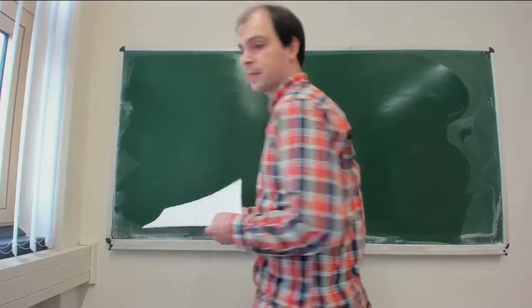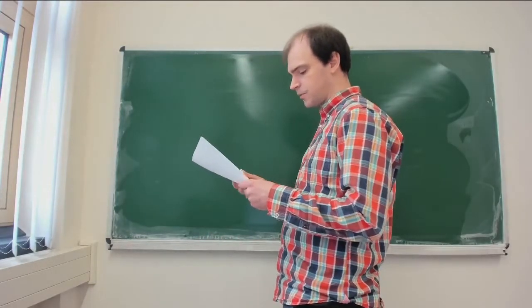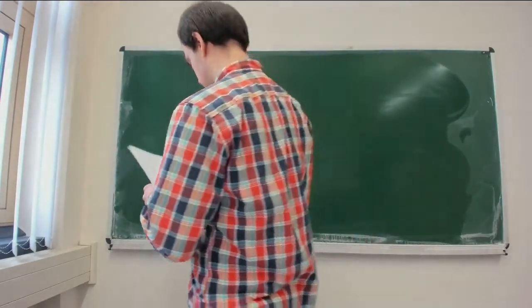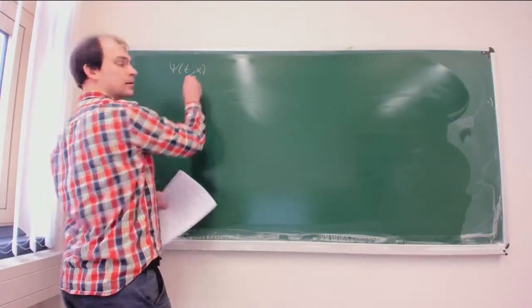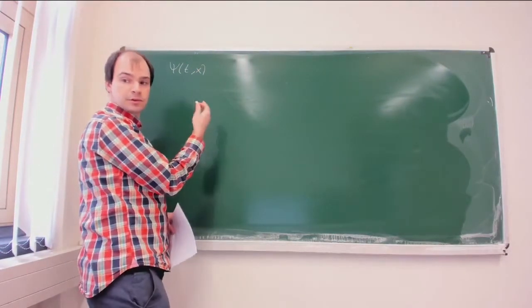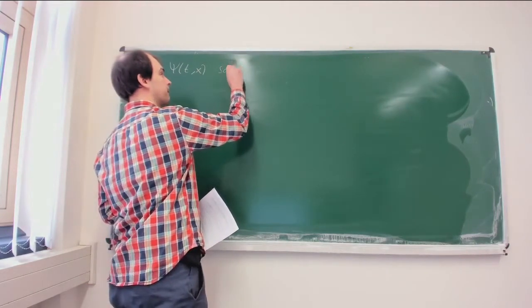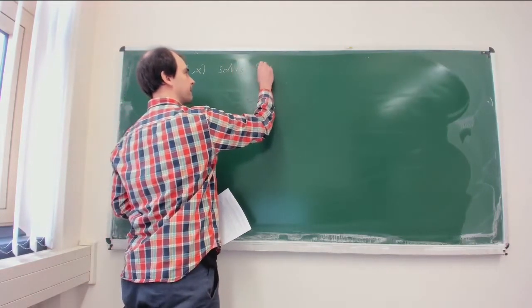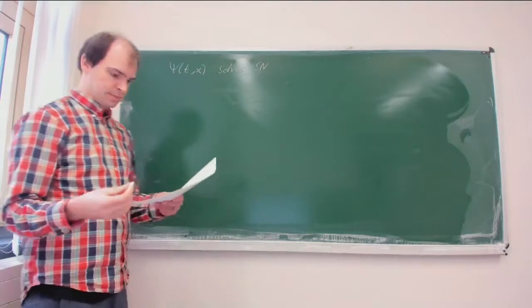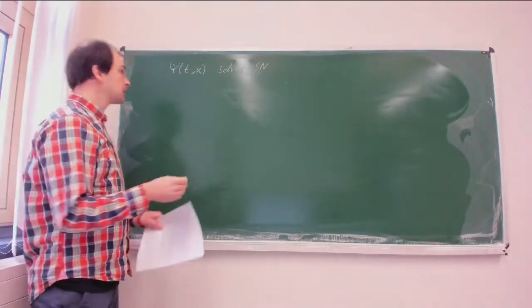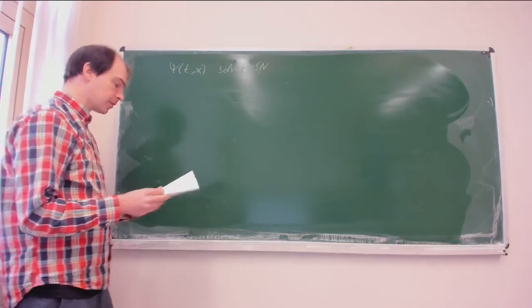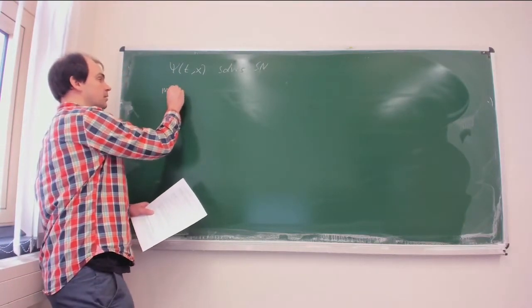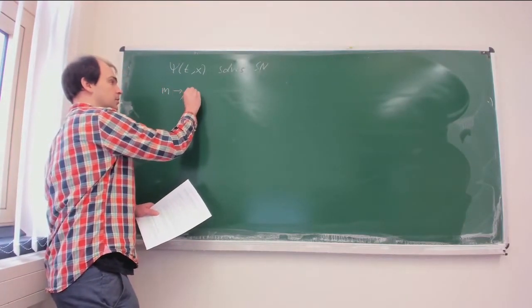So, the result is the following. If we have a solution psi of t, x that is a solution of the Schrödinger-Newton equation, and we make the following rescaling. We do a mass rescaling with some factor mu.